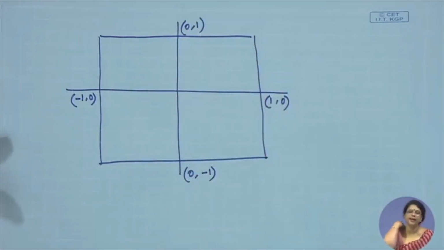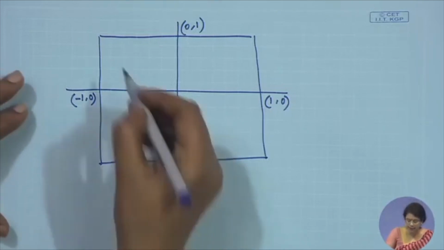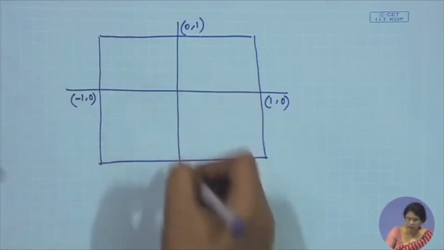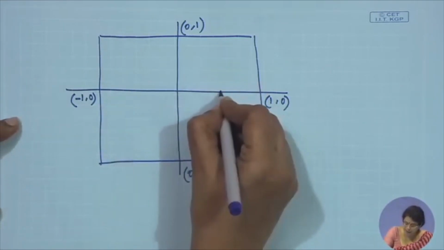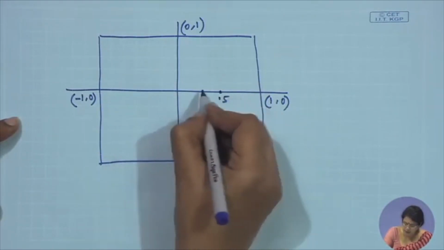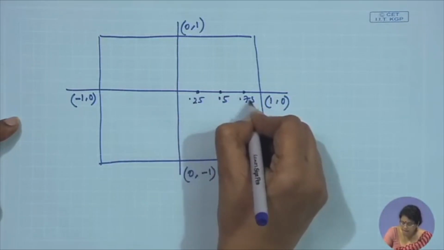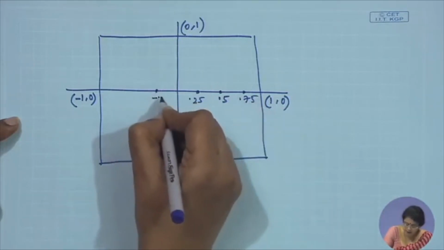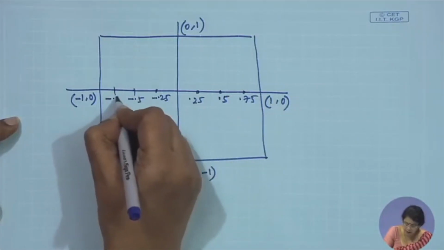What can I do? In the grid search technique, we divide the whole space with grid points. How really? Let me consider that I am taking this 1.5, and I take the grid points like this. Here also the same thing: minus 0.25, minus 0.5, minus 0.75.